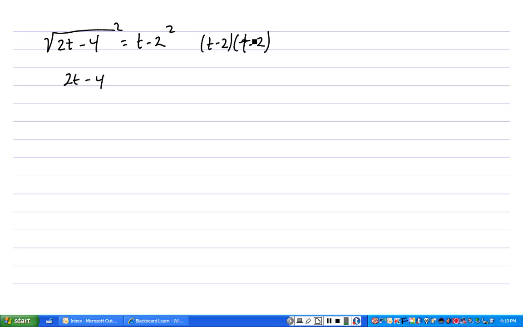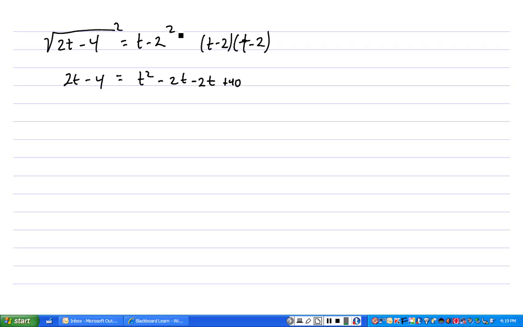So first times first is t squared, outside, negative 2t, inside, negative 2t, last times last, plus 4. Alright, so on the square root sign side, 2t minus 4, we square it, and t minus 2, we square it.